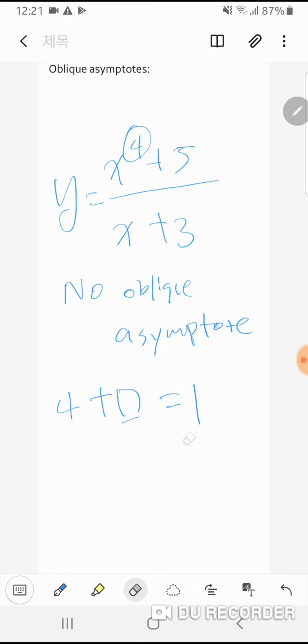We're only supposed to have a difference of one in the exponent, and the numerator's exponent has to be greater.